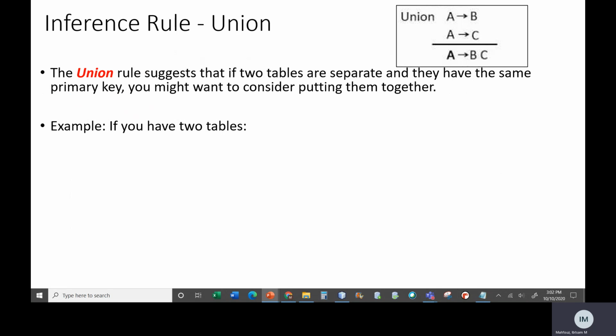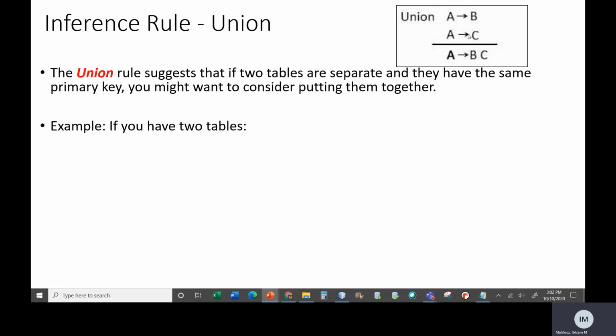Now, a couple other rules that are nice to know is the union rule. And this rule just says that if you have two tables that are separate, and those two tables have the same primary key. So I have a table that has a primary key A, and it has some information. And then I have another table A that has another set of information.